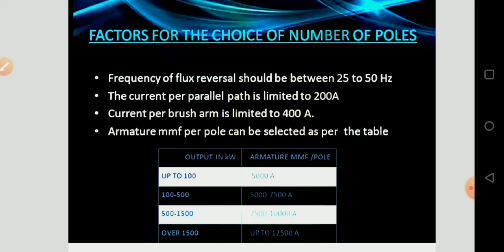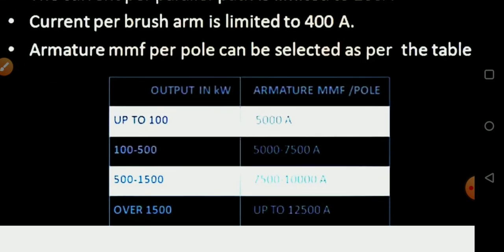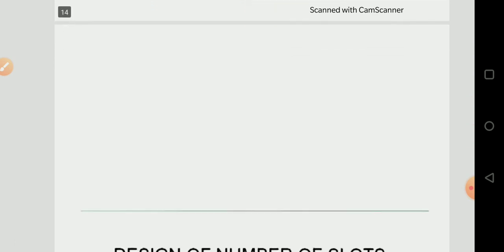In this table we have output in kilowatt and armature MMF per pole. Up to 100 kW the armature MMF is 5000, and for 100 to 500 the armature MMF is 5000 to 500. These are the values for selecting the armature MMF.